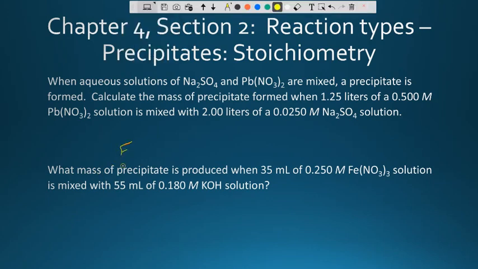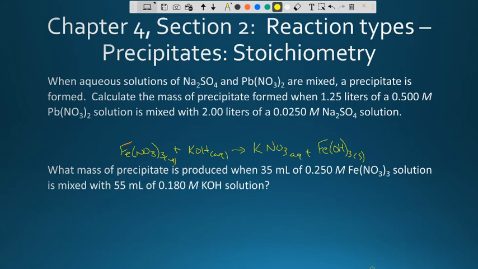We have iron 3 nitrate, and that's aqueous. And we're going to mix that with potassium hydroxide, that's aqueous. And we're going to get potassium nitrate, that's aqueous, because all nitrates are aqueous. And we're going to get iron 3 hydroxide. That's my solid. There's my precipitate right there.